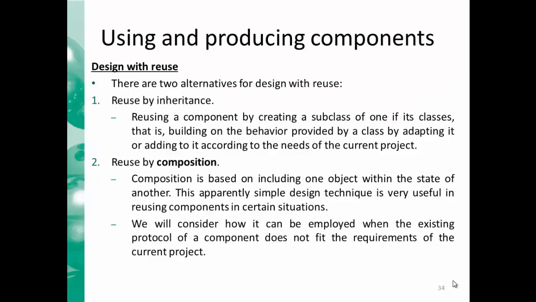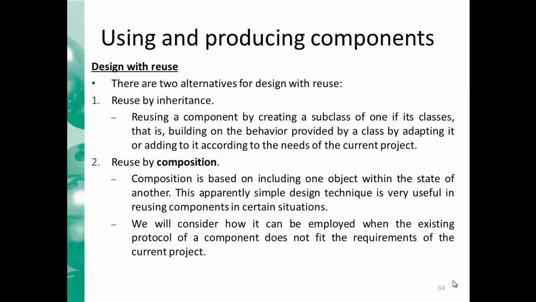Design with reuse: we have two alternatives when we design. We may reuse by inheritance, meaning taking the component or the class as a superclass for us and using its behaviors and attributes.